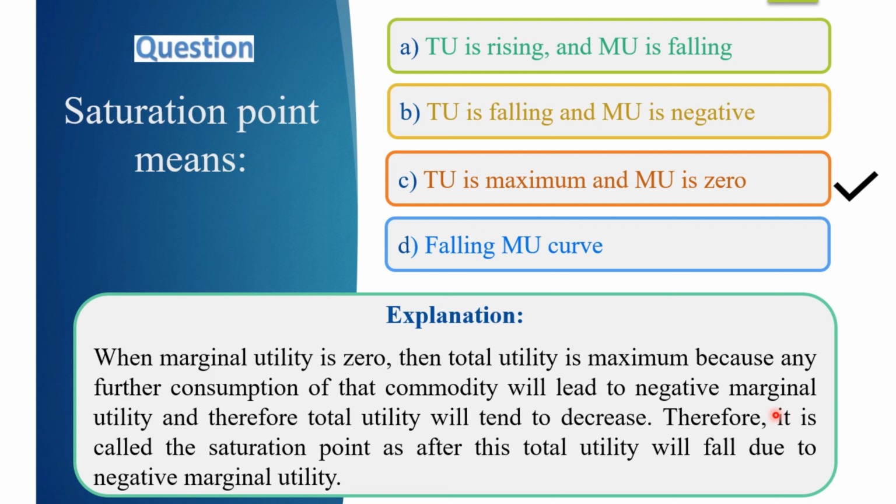So because of that, this was the saturation point. Therefore, it is called the saturation point, as after this total utility will fall due to negative marginal utility.